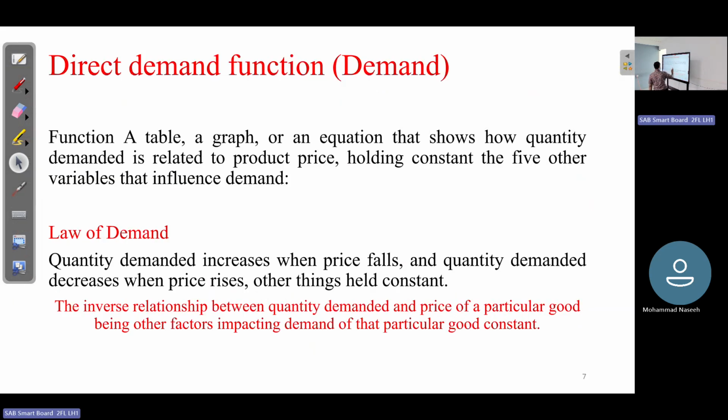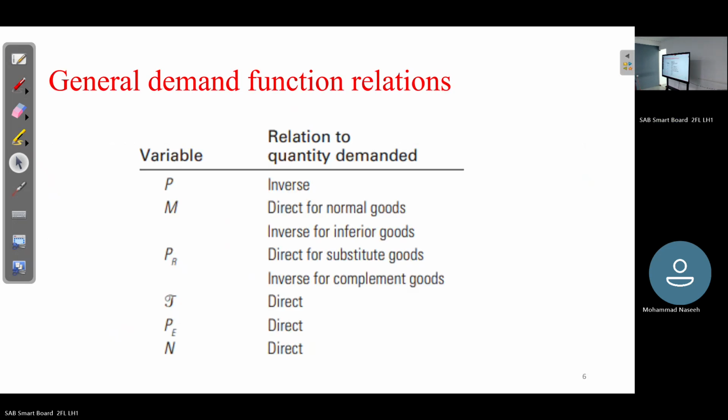Second one, the income effect of a price change. First one, substitution effect. The second one is income effect. Let's see what those are.